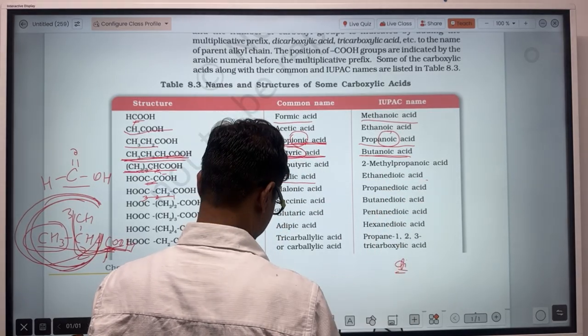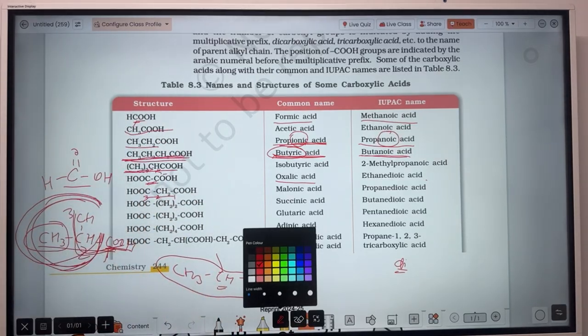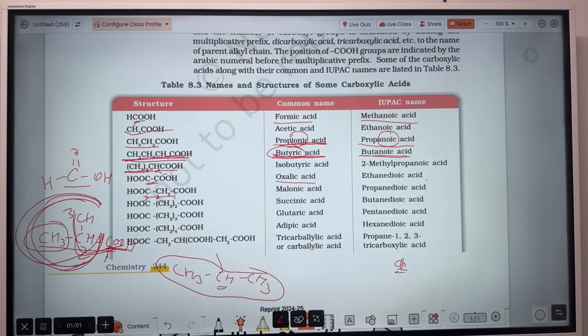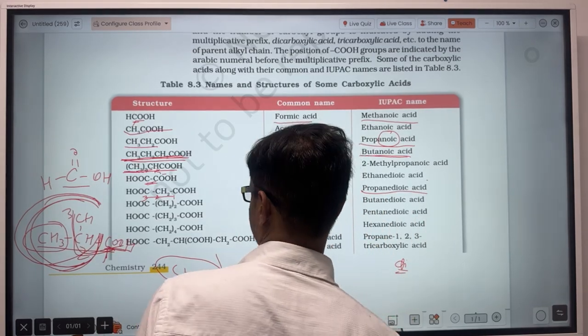When there are 2 COOH groups in the compound, the E of the alkane is retained, and when there was only 1 COOH group, the E was replaced by oic acid. So here the total number of carbon atoms is 3. So that's why propane dioic acid.